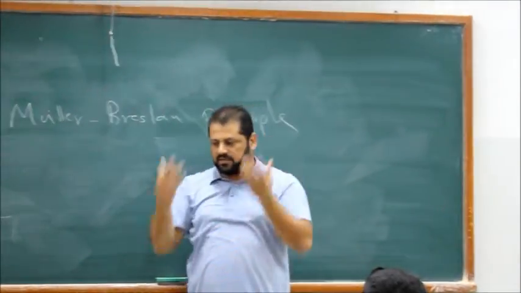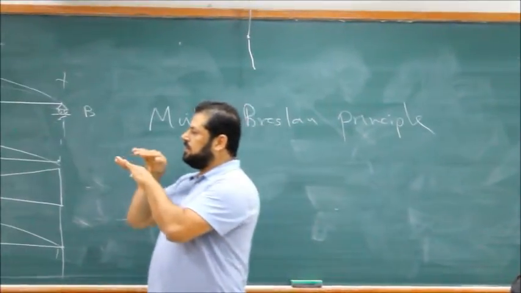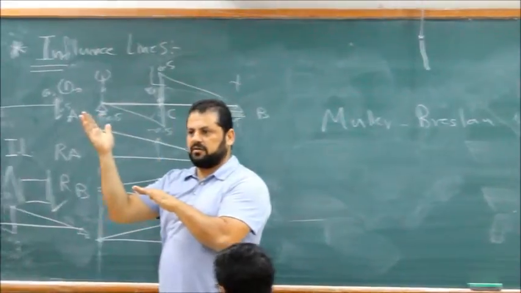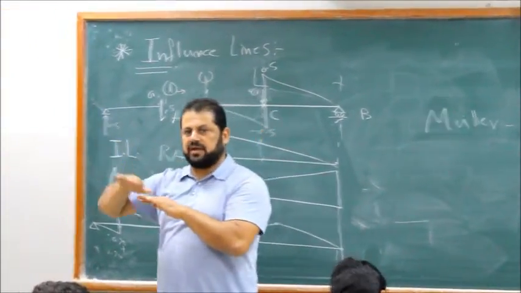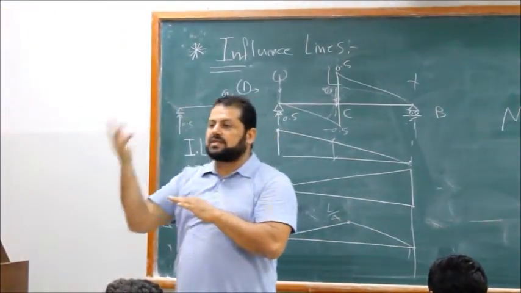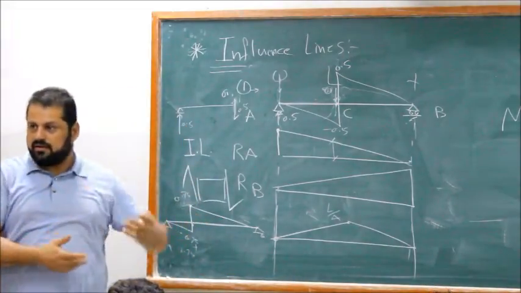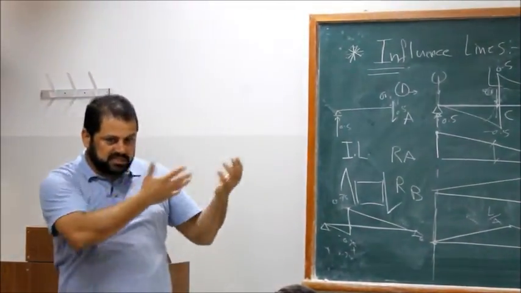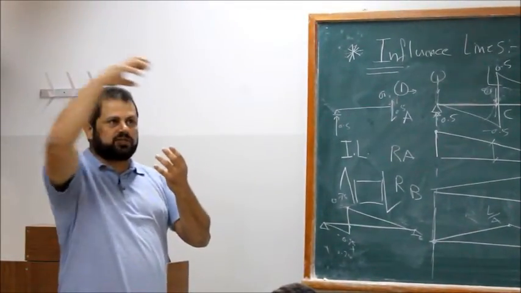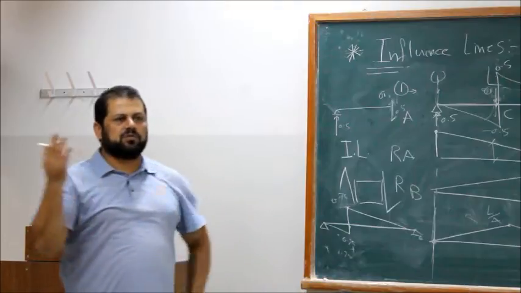Just the fundamentals. What's the influence line? There is a unit load that's moving across the structure. It can be a beam, a truss, or a frame. What's happening to anything that you are interested in? Reaction at A, reaction at B, reaction at C. How does it change as this moving load is going? So now, what's the moving load?